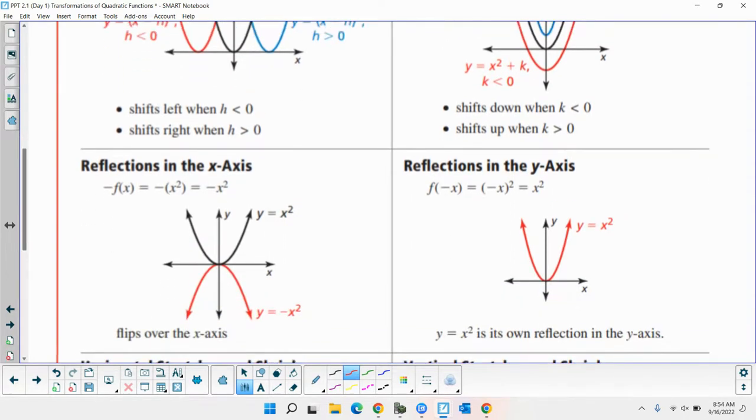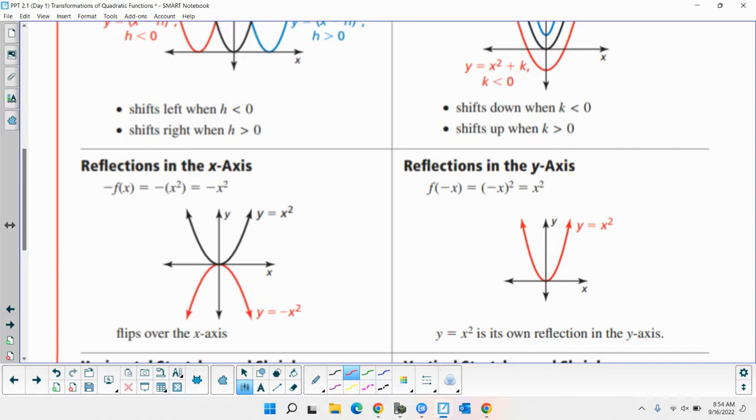Reflection about the x is the opposite of the whole thing. And reflection about the y is when you take the opposite of the x. But what is negative x times negative x? Because that's what it's saying to do, negative x squared. A negative times a negative is a positive.